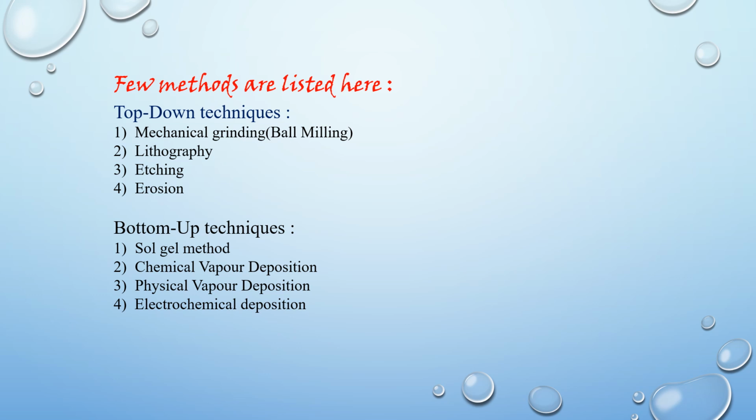Techniques like chemical precipitation, gas phase agglomeration, chemical vapor deposition, physical vapor deposition, sol-gel method and electrochemical deposition are used to obtain nanomaterials under the bottom-up approach. However, one has to select the right technique for the synthesis of nanomaterials for a specific application.